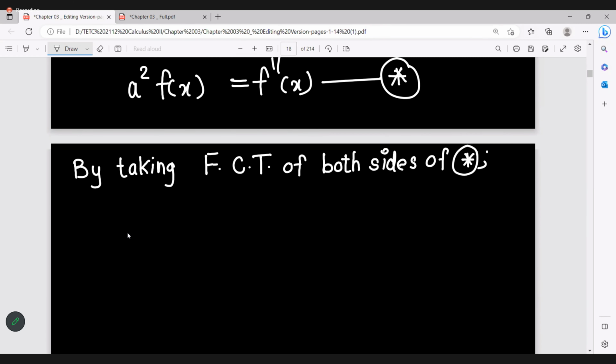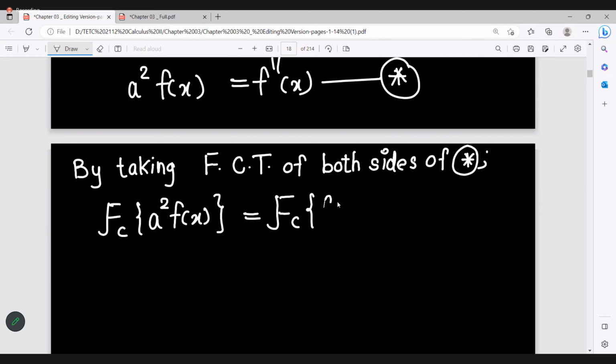So let's see what happens when we take the Fourier cosine transform of both sides of this expression. Fourier cosine transform of f double dash. Here, what about this left hand side? Here a is a constant. Since a is a constant, a squared is also a constant.